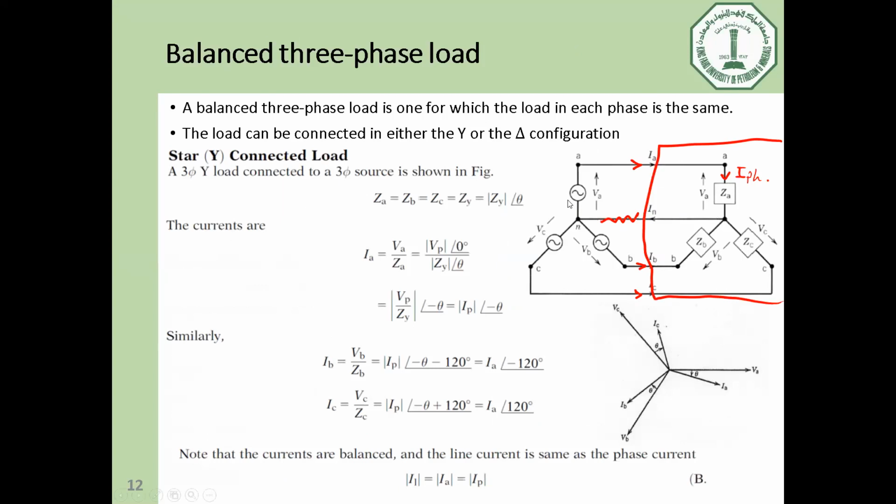However, if the connection of the source here is delta, is it possible easily to calculate the current IA? It will not be that easy. So we have to convert from delta to star. And when we convert from delta to star, we need only to calculate one phase. So we are going to apply circuit analysis for one phase. And for the other phases, we are going only to shift the angles. This is all. Is it right?